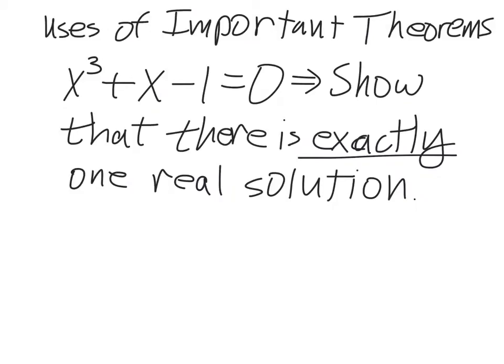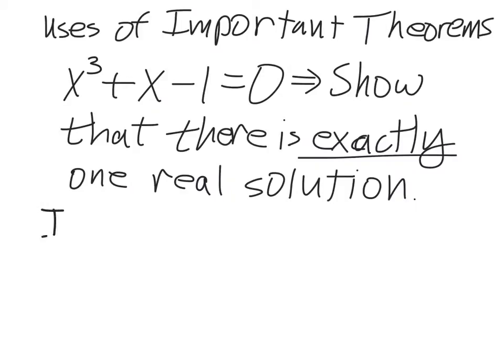So technically this equation will have three solutions, but there's only going to be one real solution. The other two would be complex, and we're not going to worry about what those complex solutions are, thank goodness. Okay, but we're really not even going to show what the solution is. We're just going to show that there is one real solution.